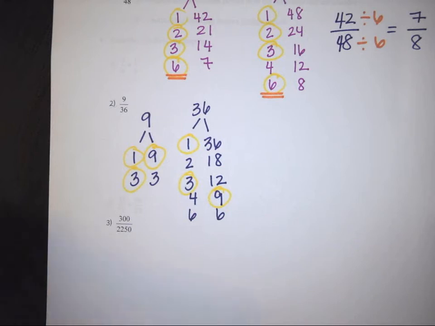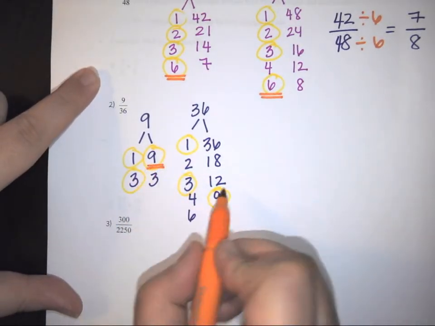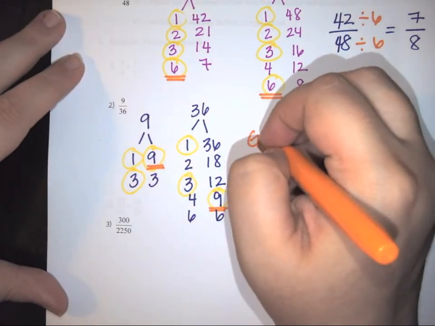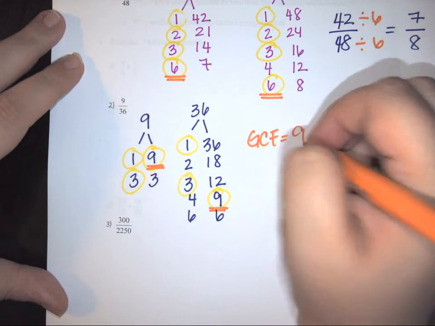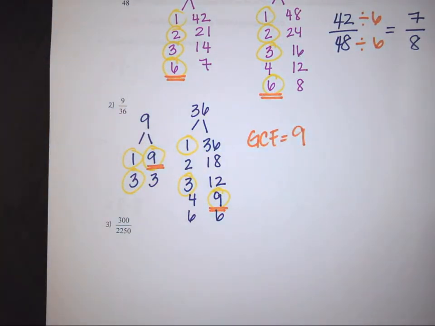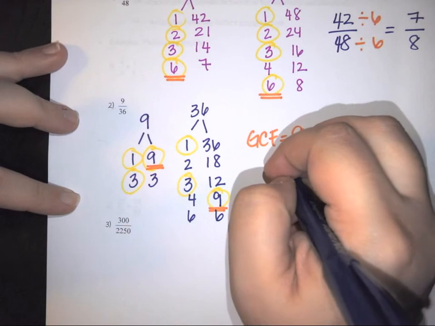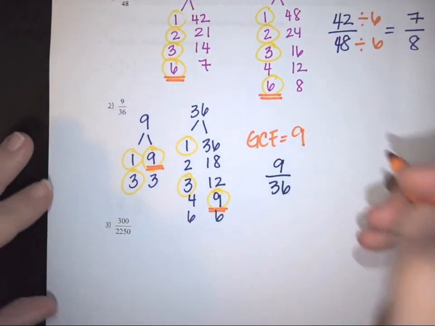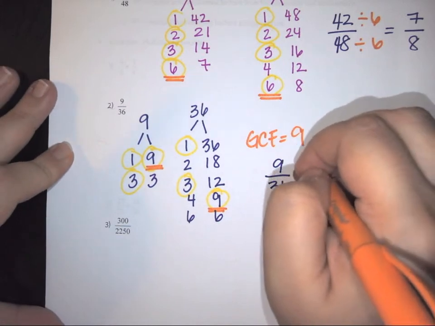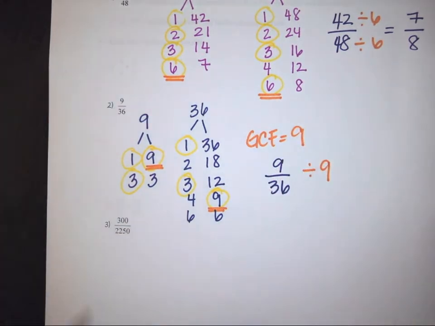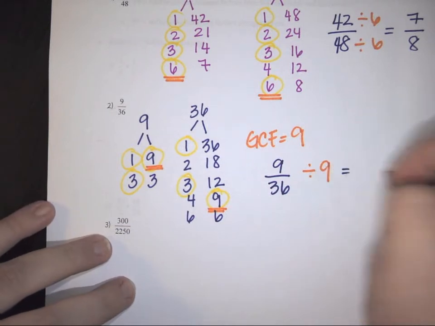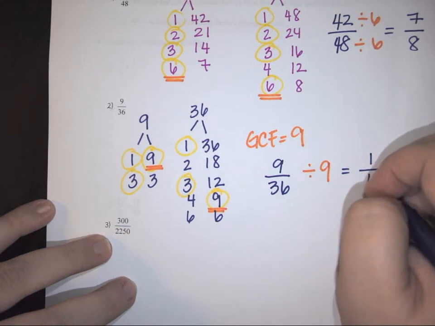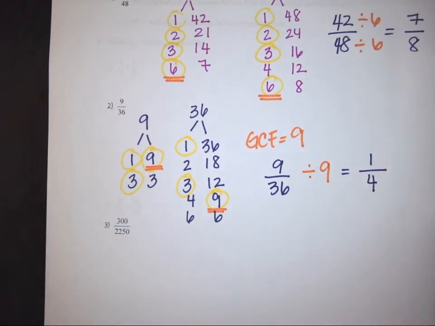However, my greatest common factor happens to be 9. So for this problem, that GCF is 9, which means I'm going to take my fraction 9 over 36 and divide top and bottom by 9. So 9 divided by 9 gives me a 1. 36 divided by 9 gives me a 4. Okay.